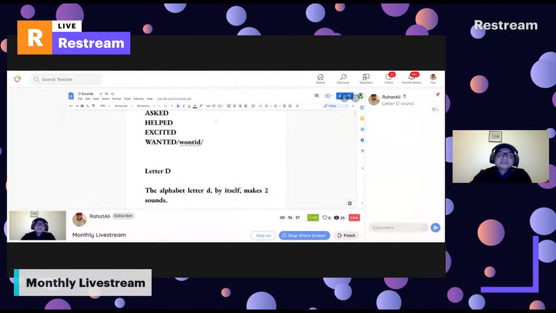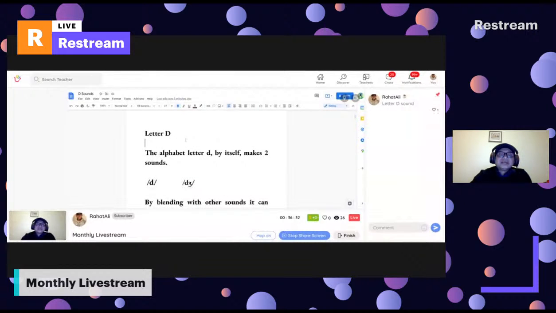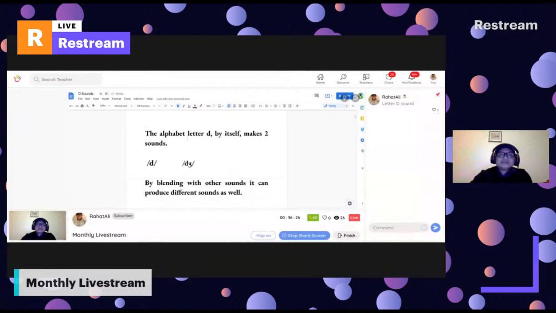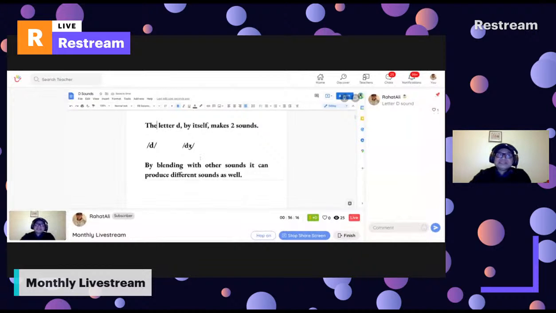Then let's come to the main part. So the alphabet letter, the letter D by itself makes two sounds: plain D, and another one is D with Z. But by blending with other sounds, it can produce different sounds as well.